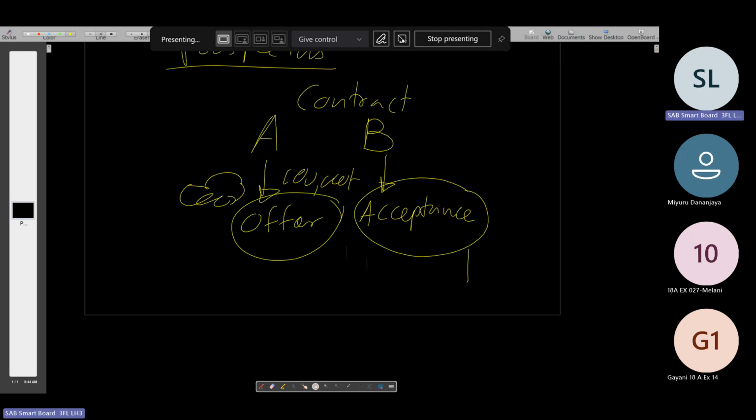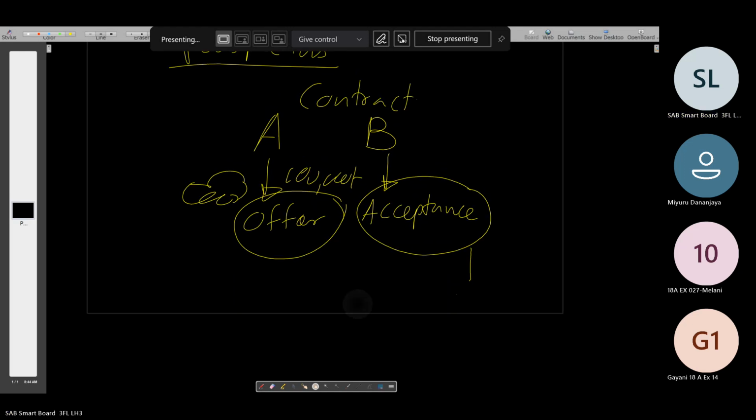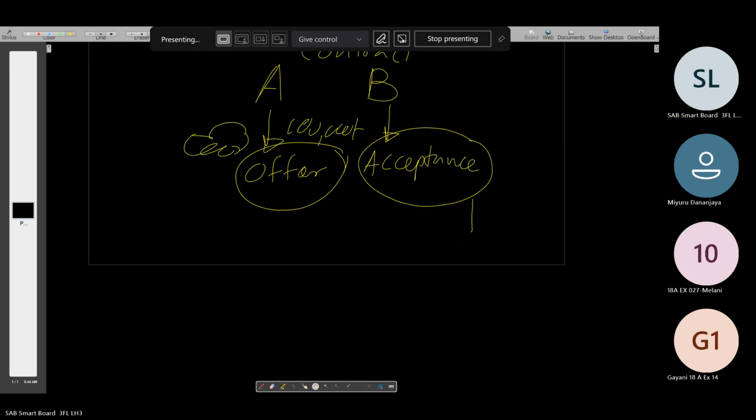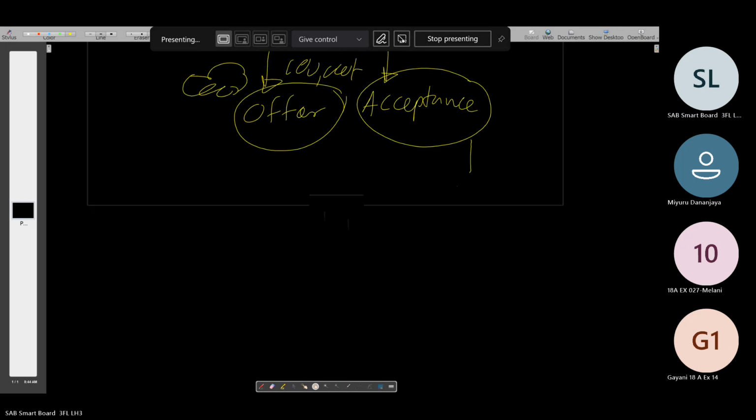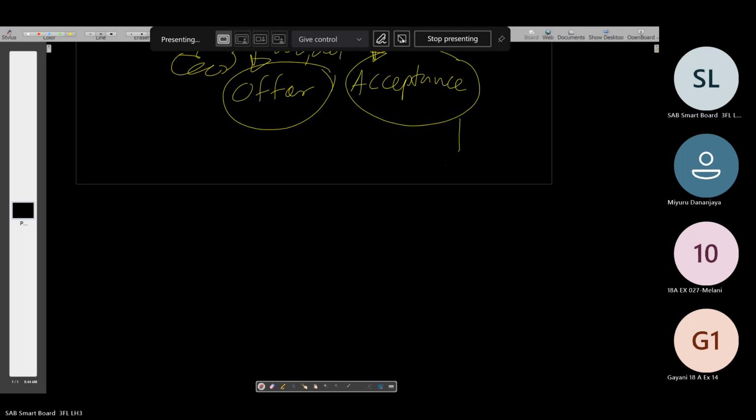Then another example. In some instances, we can identify an additional feature. Suppose A is a shopkeeper.